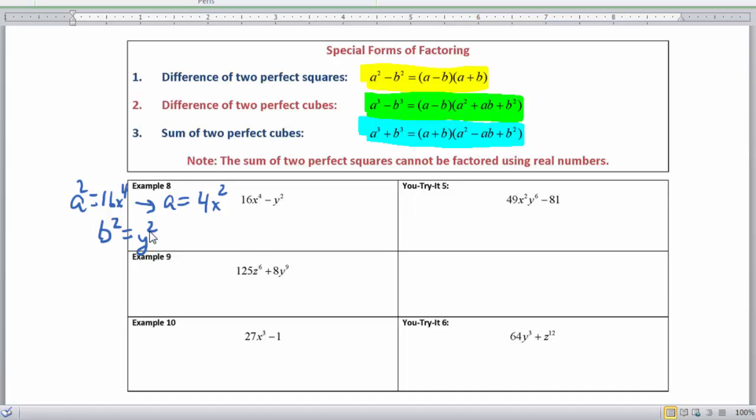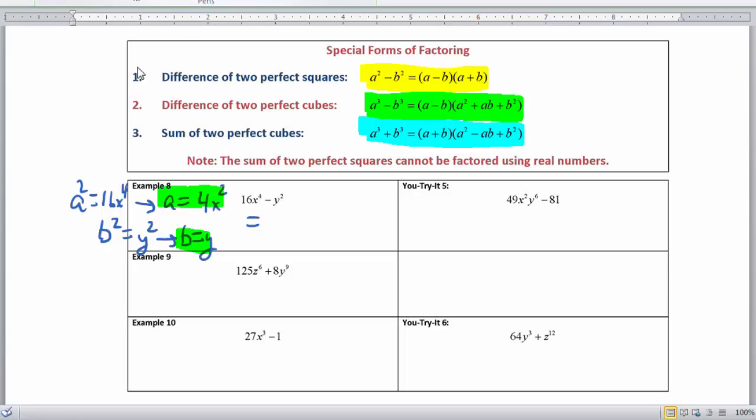You're chopping the power in half. When you take a square root, you chop the power in half. And then the square root of y squared is obviously just y, right? So what does this factor into now? Just look at the form. It says the form is a minus b times a plus b. Well, I know what a and b are now. a is 4x squared, b is y.